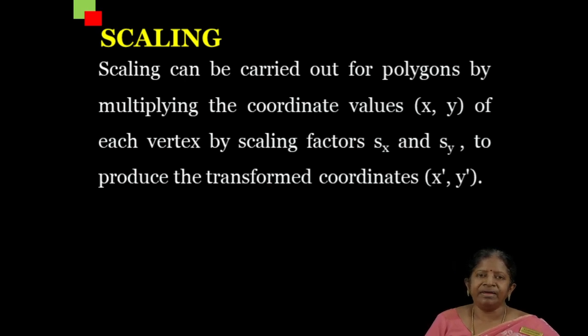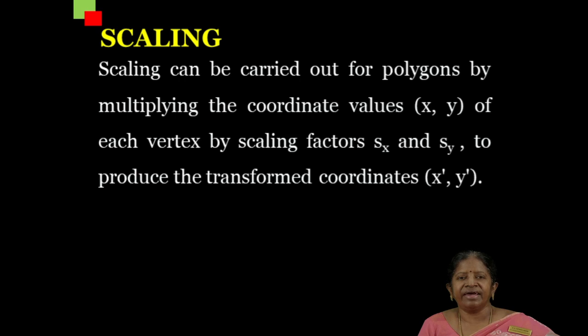When we apply these scaling factors to the original points, the different vertices of the object, then we will have a resultant matrix with the object represented in the scaled up or scaled down form.